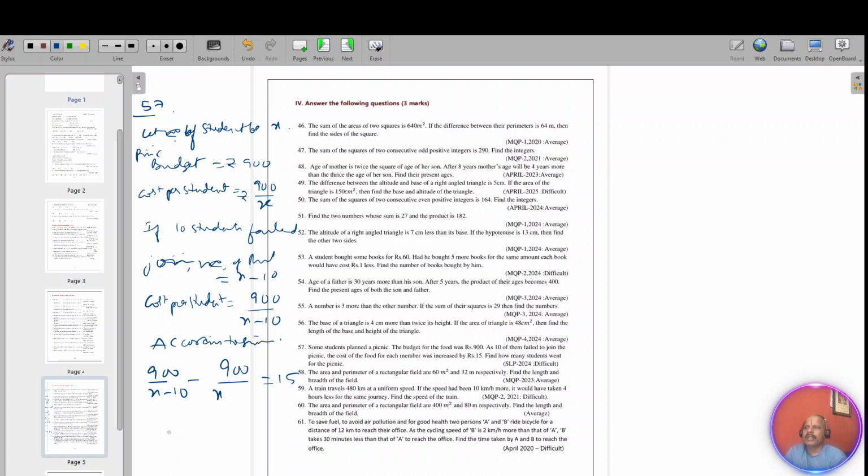So on solving this, how much you get is x, you get as 30 and minus 20. Since number of students cannot be negative, therefore we take 30.